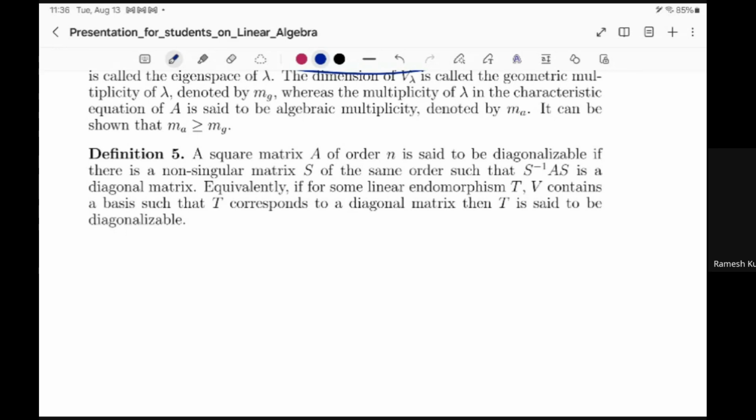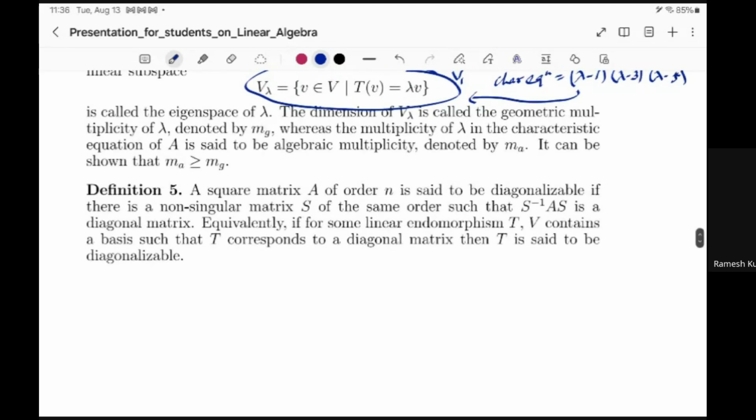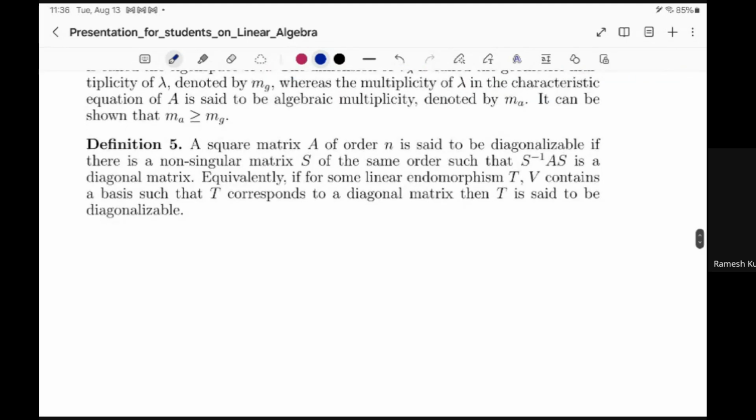So say for lambda 1, I'm giving you one example. This is not always going to be the case. Say for one example, you have n distinct eigenvalues. So eigenvalues don't repeat. Say lambda 1 up to lambda n, and these lambda i's are distinct.